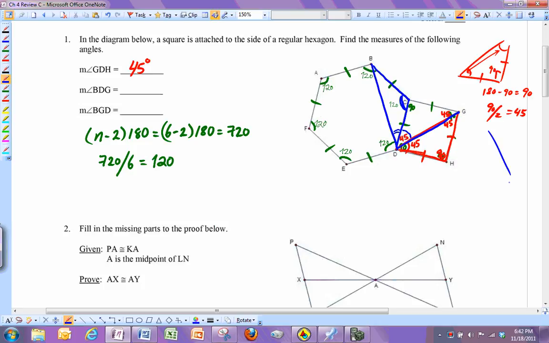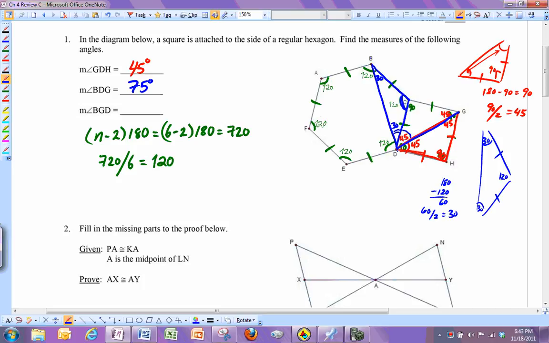If I draw that one by itself, I've got the 120 right here, and these are the same. So I've got 180 minus 120 equals 60 degrees left over for these two angles, and 60 divided by 2 is 30. So I get 30 degrees here and 30 degrees here. Let me put those in the picture, 30 and 30. Which means that the angle I wanted in the first place, BDG, is 30 plus 45, which is 75 degrees.